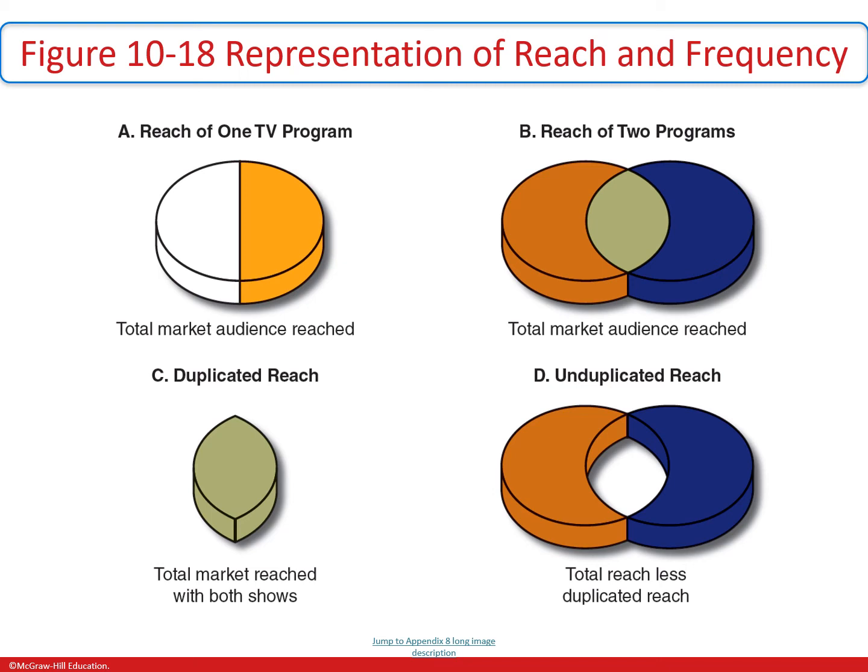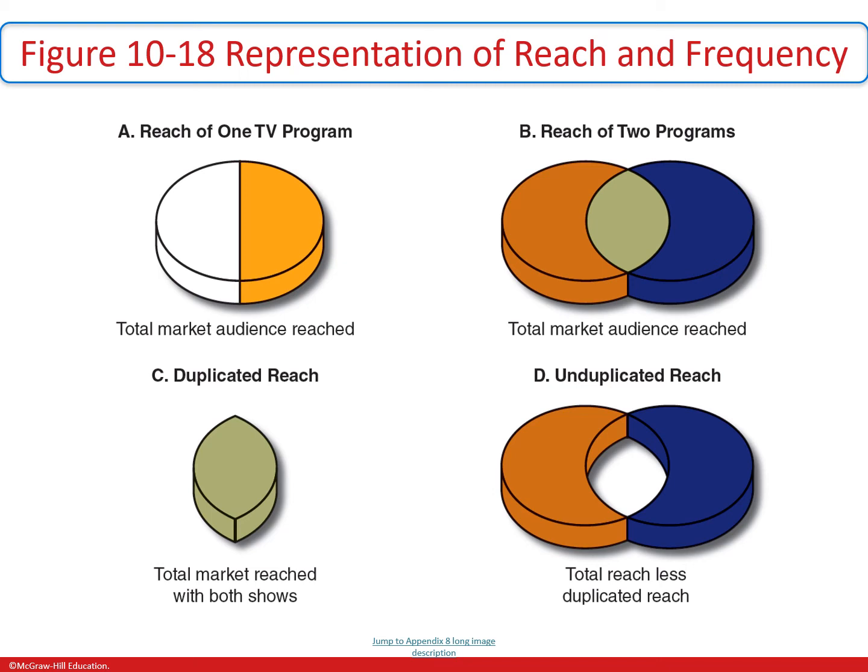When we have two TV programs, so you're advertising on two different shows, whether under the same station or on two different stations, you are likely to have an increase in the total market audience reach.